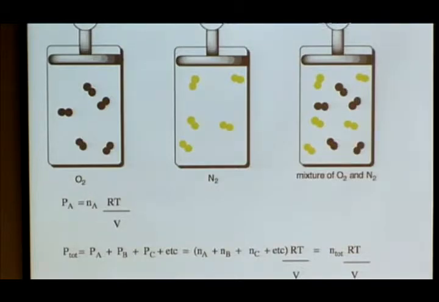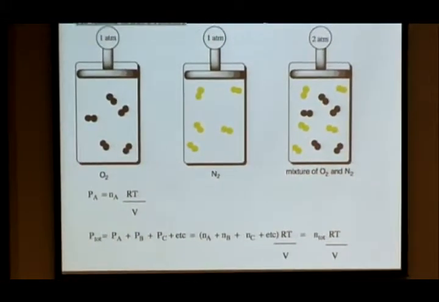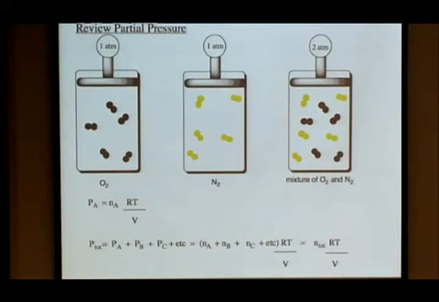The total pressure on the system, which is what this 2 atmospheres is, is equal to the partial pressure of gas A, the oxygen at 1 atmosphere, plus the partial pressure of the nitrogen at 1 atmosphere. That's all we have here. So 1 plus 1, we have 2 for total. And that's equal to the total number of moles.